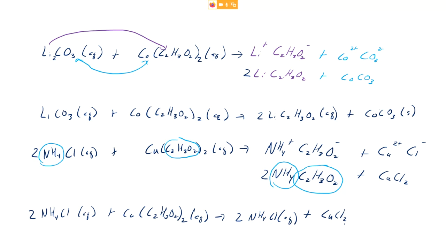What about the copper 2 chloride? Most chlorides, which are halides, chlorides, bromides, and iodides, are soluble except for silver, mercury, and lead. This is not silver, mercury, or lead. So this one is also soluble. So guess what? This is what they call a no reaction.